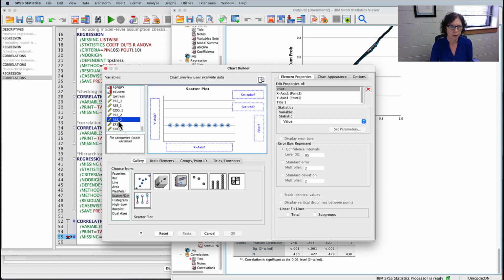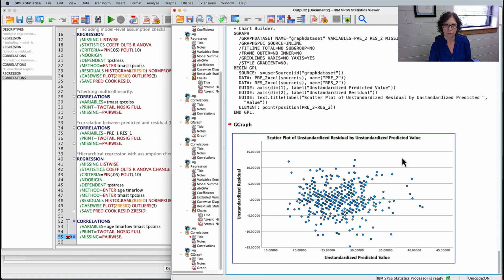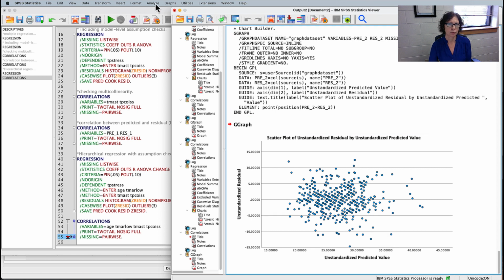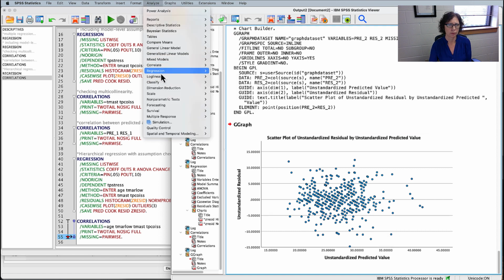So we want the residuals on the y-axis, the predicted on the x-axis, and let's go take a look at that. Again, not looking like a whole lot of relationship there. And we can ask for the correlation between those two.